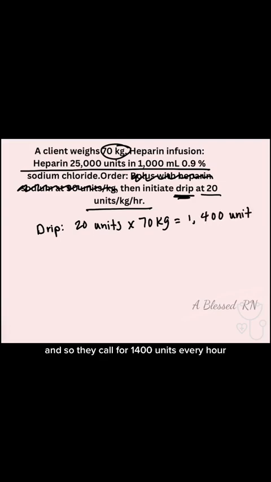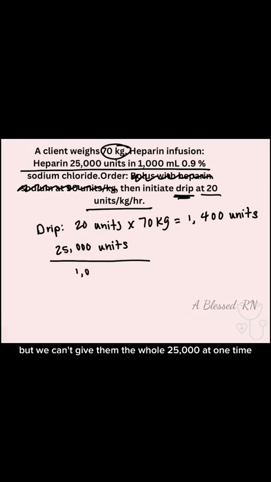This is going to be 20 units, and because they weigh 70 kilograms, you multiply it by 70. So they call for 1,400 units every hour. In that whole bag, you've got 25,000 units, but we can't give them the whole 25,000 at one time. We need 1,400 units.